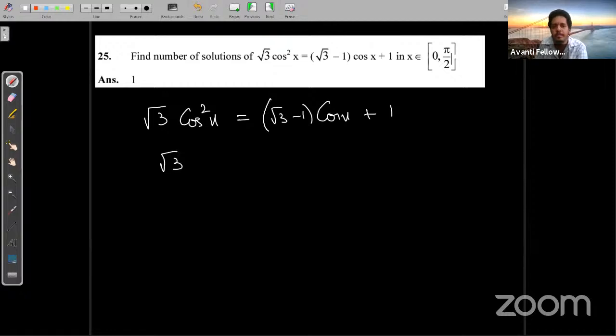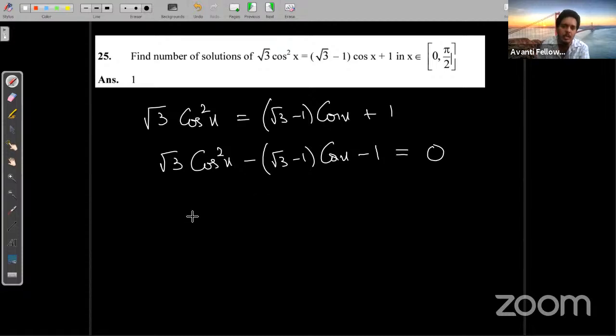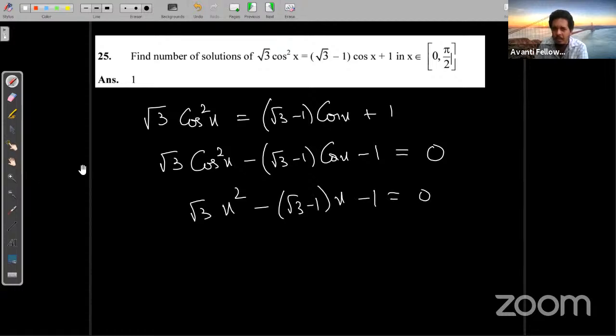If I bring everything to LHS: root 3 cos square x minus (root 3 minus 1) cos x minus 1 is equal to 0. So how to solve this one? Obviously, let us assume cos x as x. So what you are going to get is root 3 x square minus (root 3 minus 1) x minus 1 is equal to 0. So it is a quadratic equation, right?